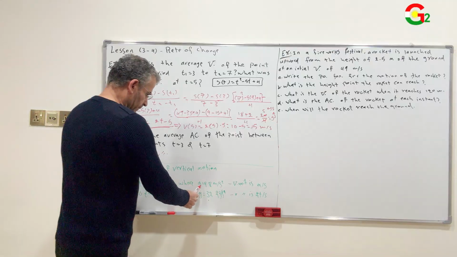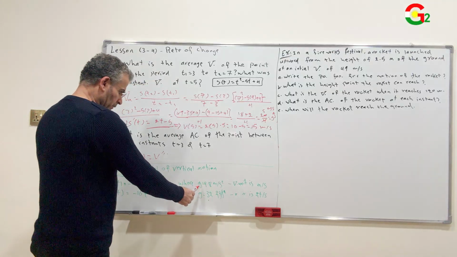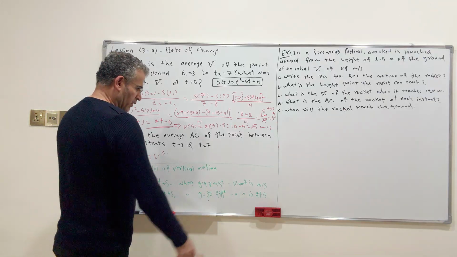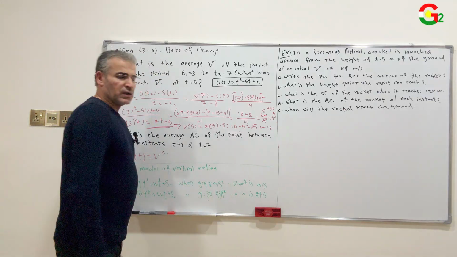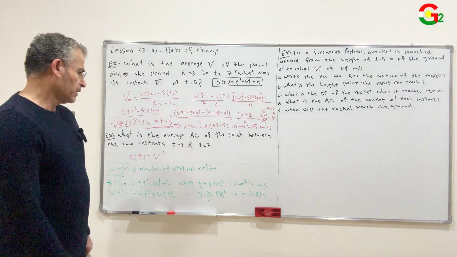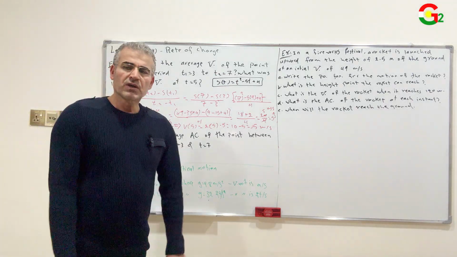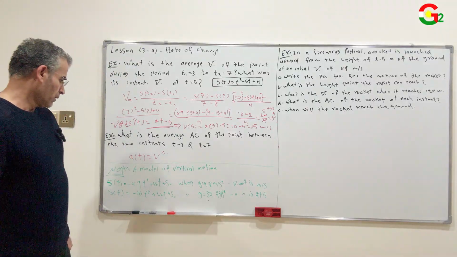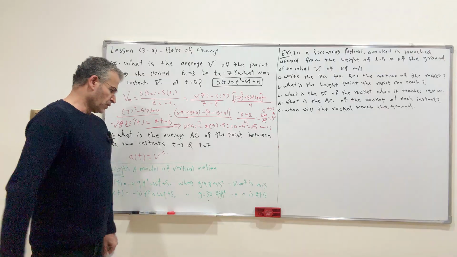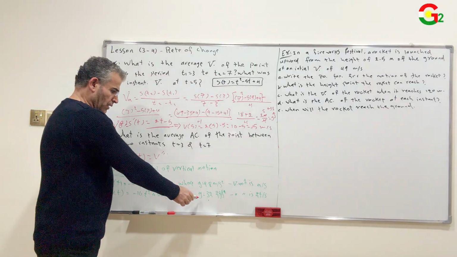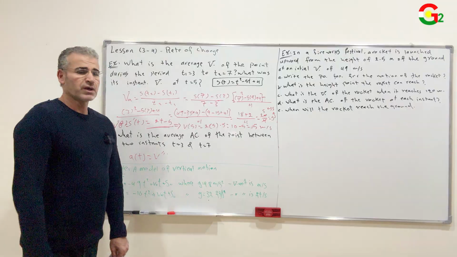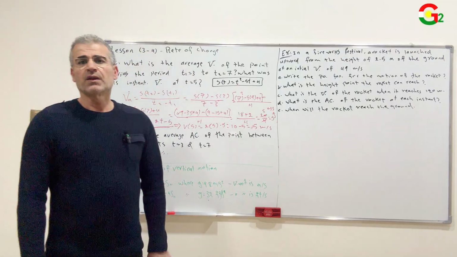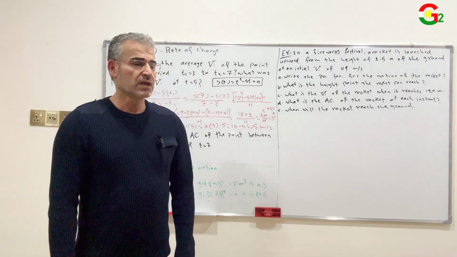Here the ground acceleration is 9.8 meters per second squared, the velocity unit is meters per second, and the distance unit is meters. s of t equals negative 16 t squared plus v naught t plus s naught when the ground acceleration is 32 feet per second squared, the velocity unit is feet per second, and the unit of distance is feet.